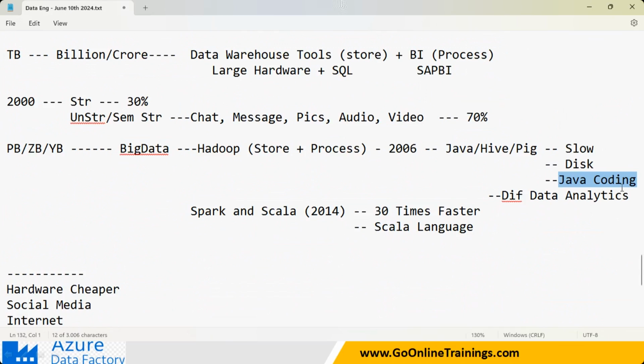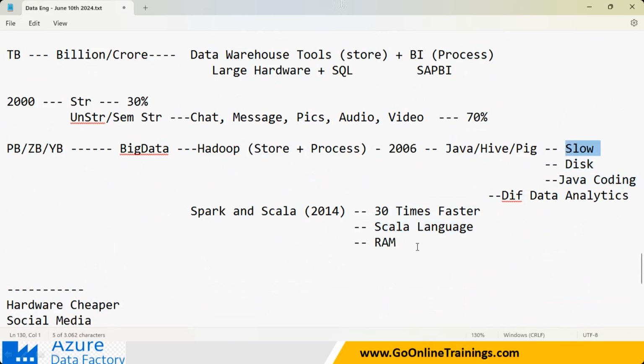Java is gone, the Scala language is introduced, and it is very, very simple. That is one thing, and this stores the data not on your hard disk but in the RAM, because if you store anything on the hard disk, it will be slow.